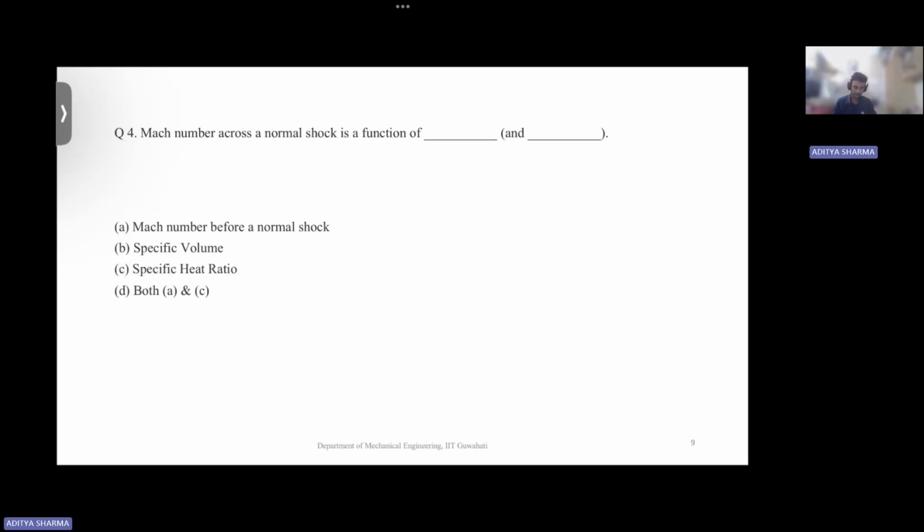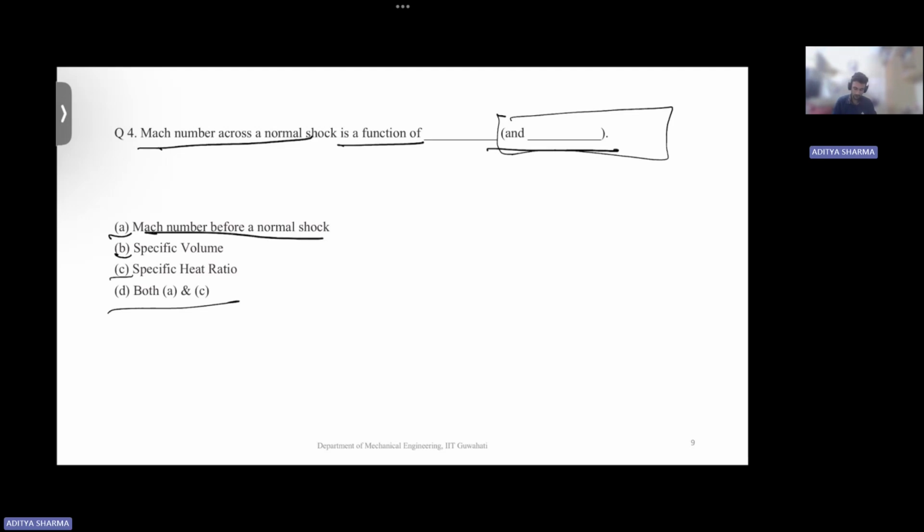This question says that the Mach number across a normal shock is a function of dash, and whether this second dash is required. For that, D option is there only. But if not required, then we have three options: one, two, three. The first option says the Mach number before a normal shock.